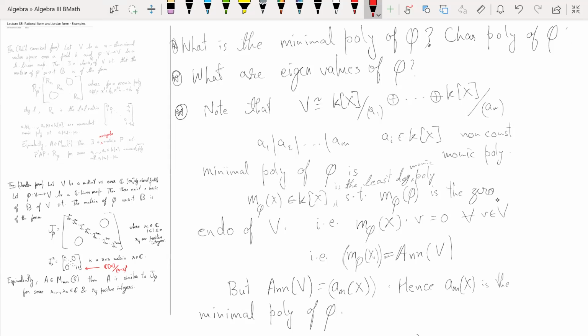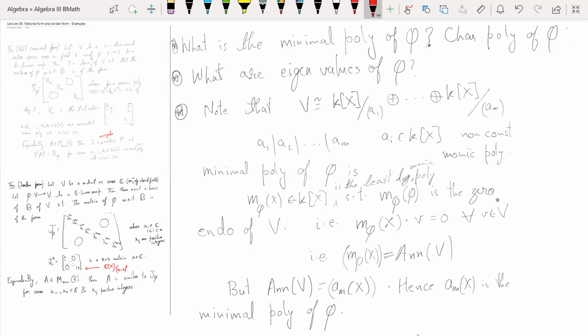If V is this vector space and phi is this linear map and it has rational form like this, then we know that V is isomorphic to this guy. This is how the proof went. Right, and we know that a1 divides a2 divides up to am, where the ai's are non-constant monic polynomials.